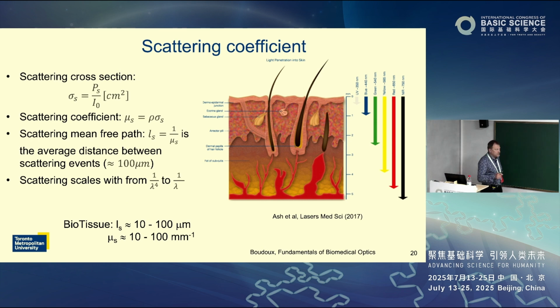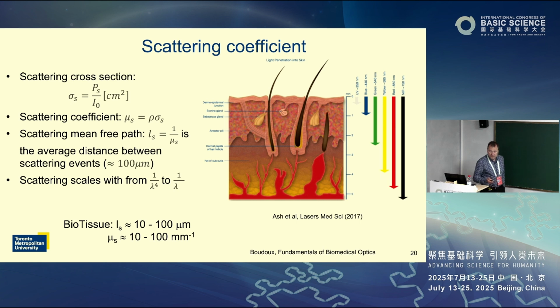Once we know the scattering cross-section for each object, and each object can be characterized by an ensemble of dipoles, and knowing the number of the objects, we can multiply the scattering cross-section of a single object times the number of scattering objects, and we obtain the scattering coefficient.